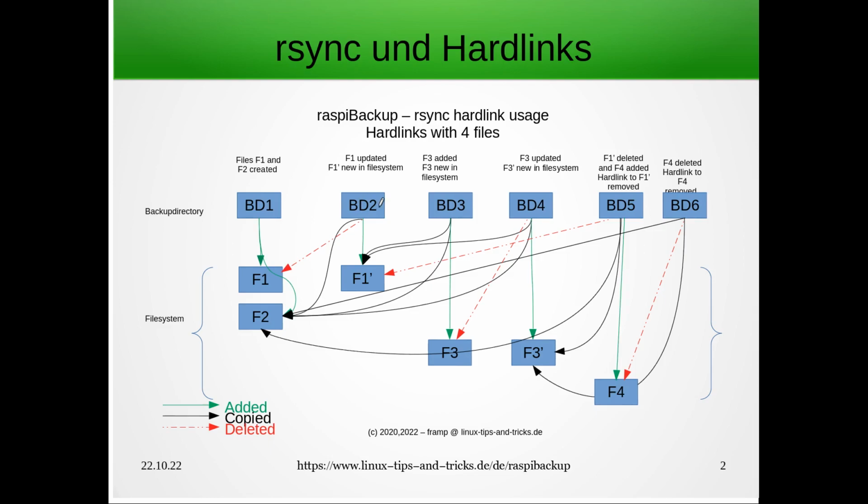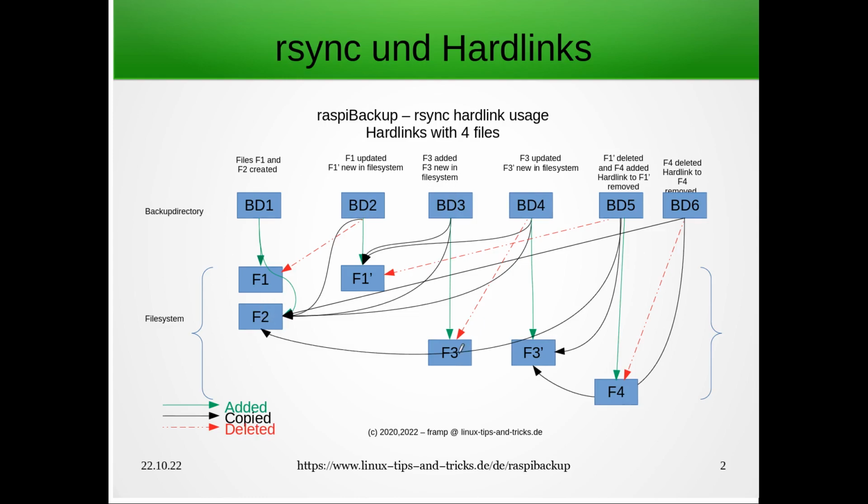Now rsync detects that file 1 was modified, so the modified file is copied from the source to the backup space, and a link is created to this file. And next rsync detects that file 2 wasn't modified, so it just creates a link in the backup space to this file 2. So this file is not copied.